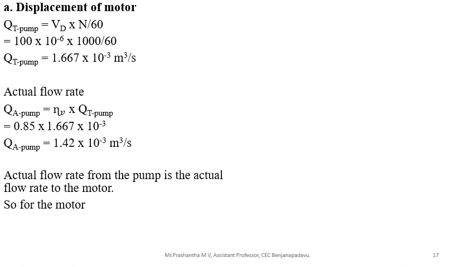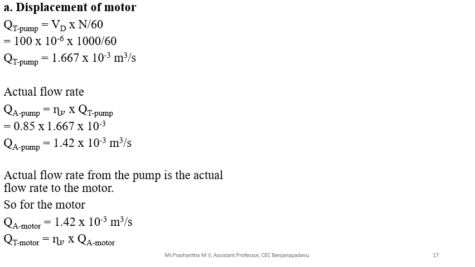The actual flow rate of the pump is the actual flow rate to the motor. So for the motor, the actual flow rate is nothing but the actual flow rate from the pump, that is equal to 1.42 into 10 to the power of minus 3 meter cube per second. Once we have the actual flow rate for the motor, we can easily find the theoretical flow rate for the motor.